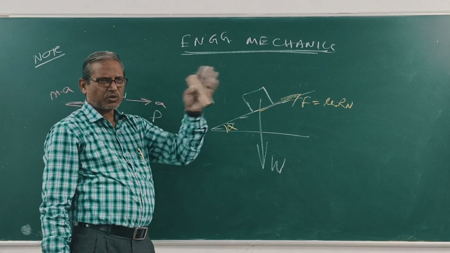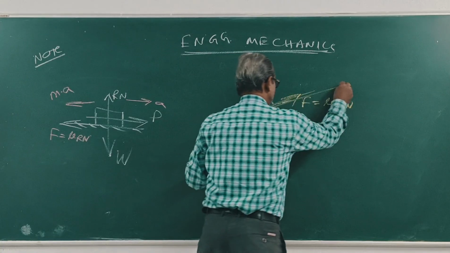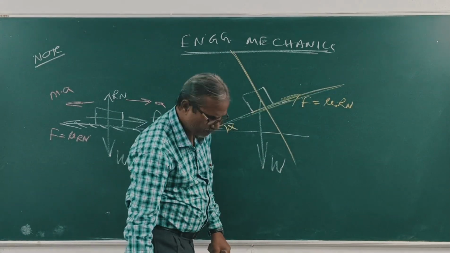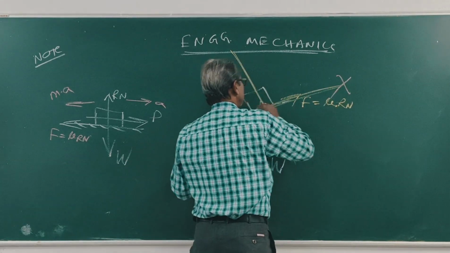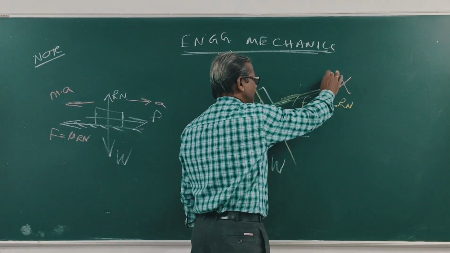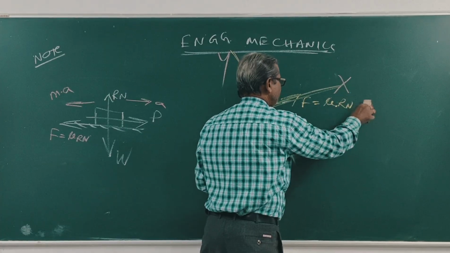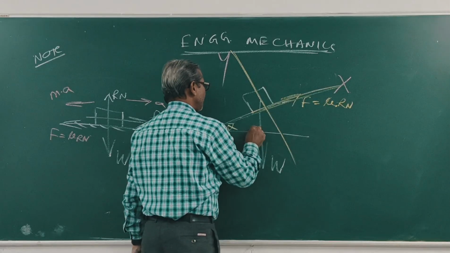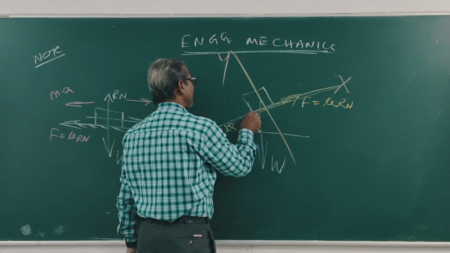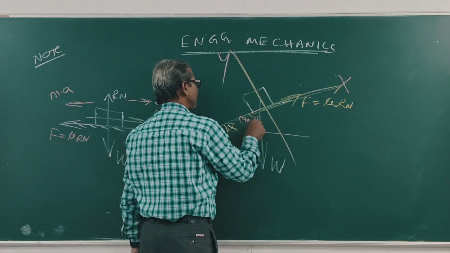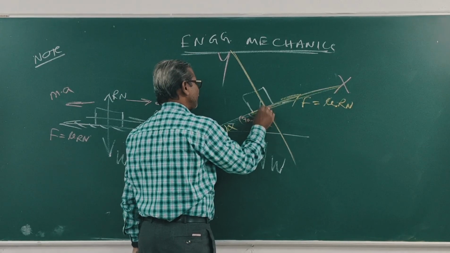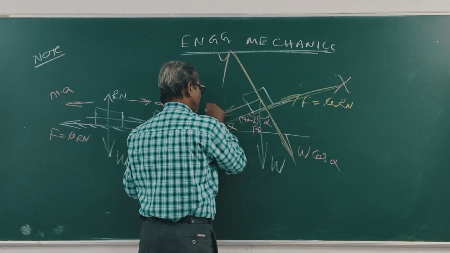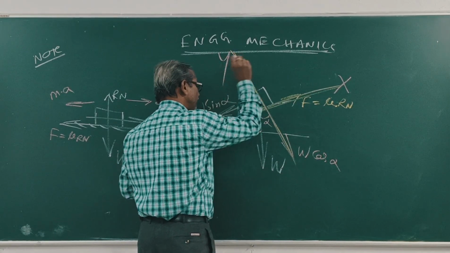So what is Rn? This is the x-axis. This is the y-axis. The plane is the x-axis. The normal of the plane is the y-axis. Suppose this is 90 degrees. What is this angle? 90 minus alpha. This angle is alpha. What is this force? W cos alpha. What is this force? W. Clear?